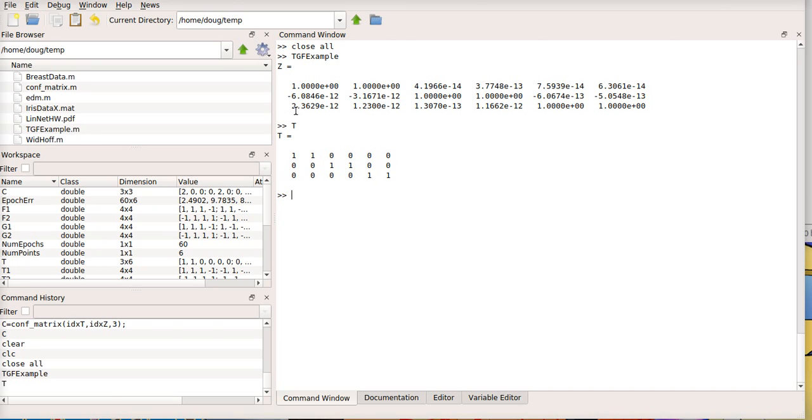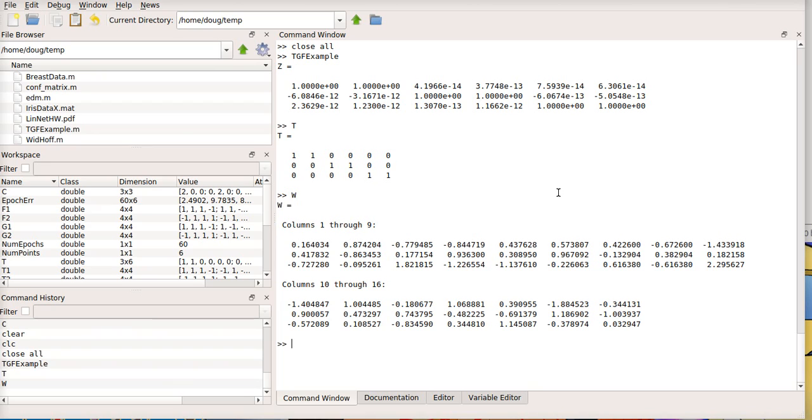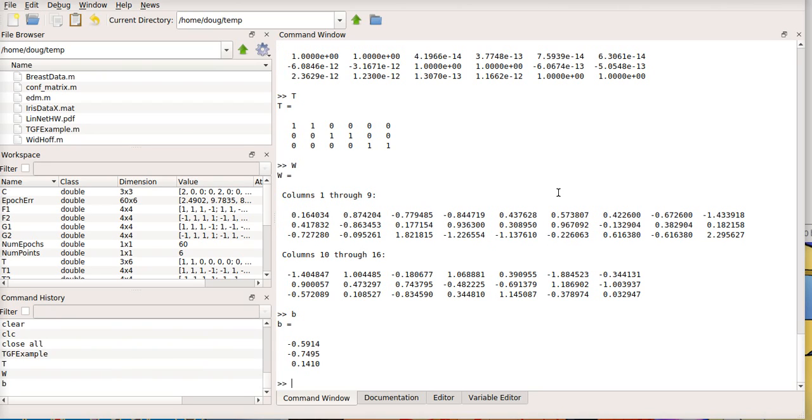And so we have matched the output, right? Just so you see, here's our W and there's our B. So if you want to match a couple of numbers in your output to my numbers, you can see those there. But actually from this output you can see that it's really good.